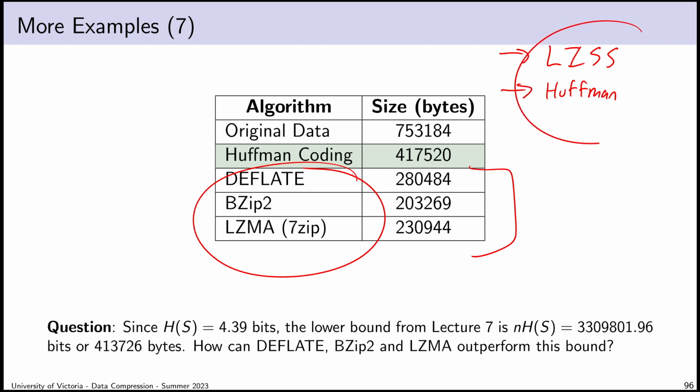In a macroscopic sense, deflate is just these two algorithms in this order. As we'll see in a couple of lectures, in a microscopic sense, deflate is hideously complicated because besides having to just do these two things, it also has to optimize away a lot of the overhead of explaining to the decompressor how it eliminated the patterns and giving the decompressor some idea of what Huffman code it used.